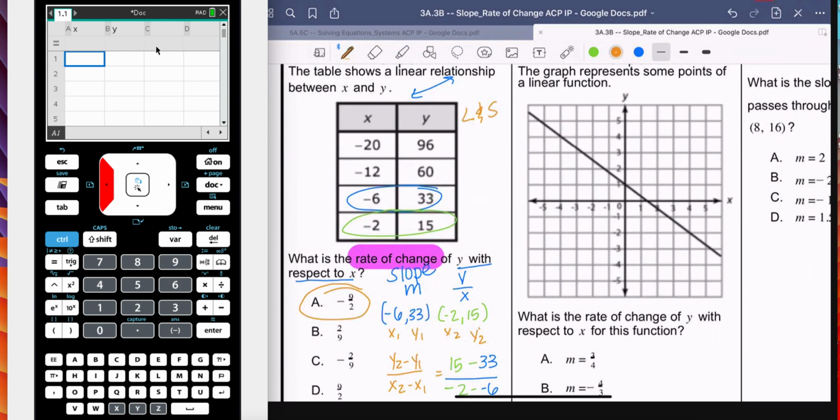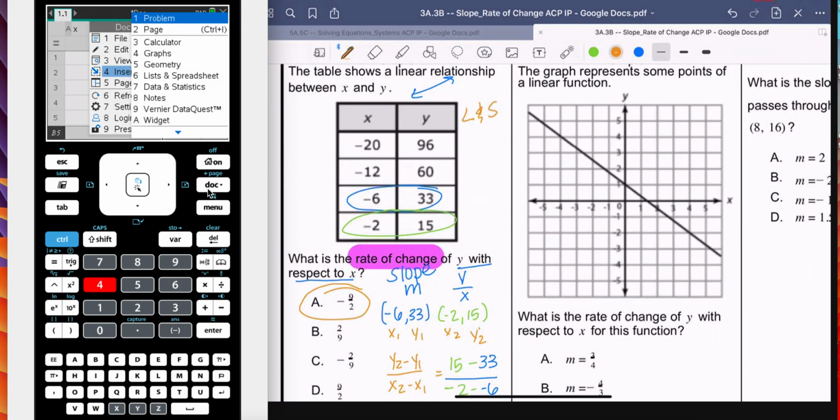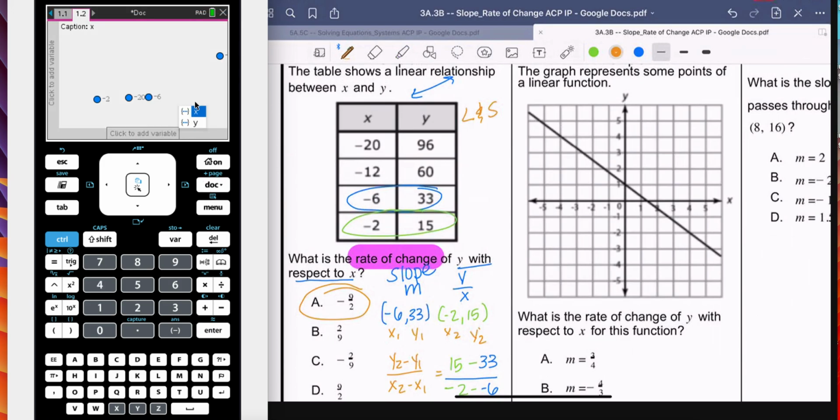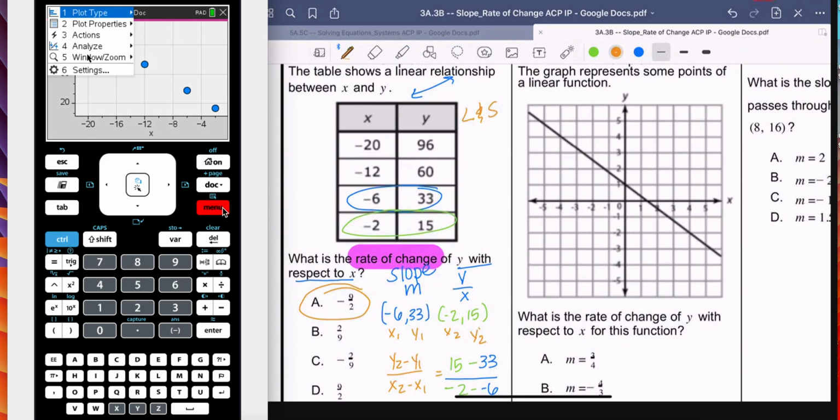So I type in my x and y, I type in all my points, and then doc 4, 7, x and y. And then lastly, I'm going to get my equation by pressing menu 4, 6, 1.